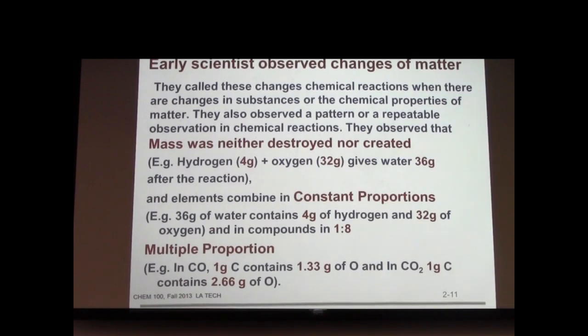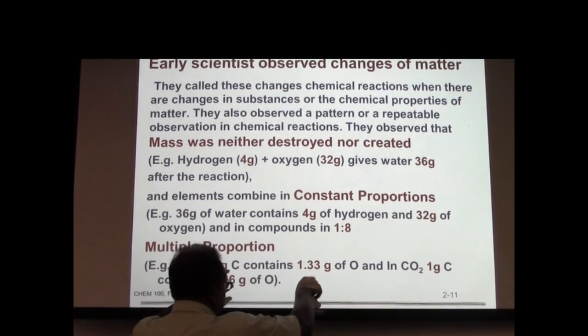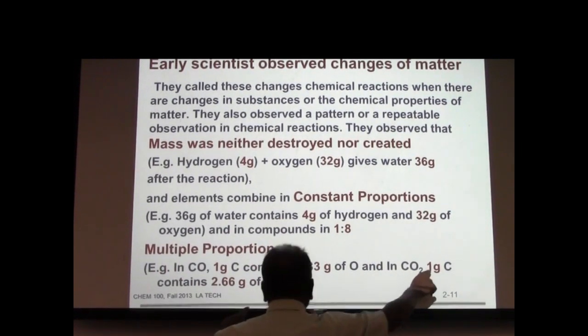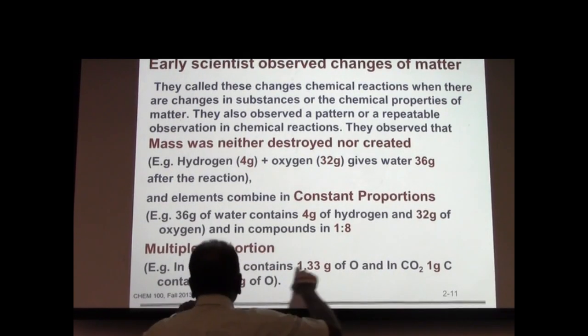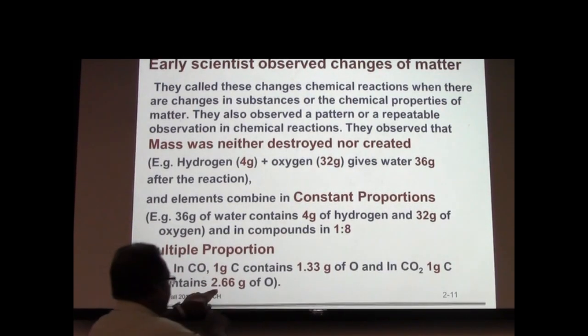Like carbon monoxide, only one oxygen, and carbon dioxide. For example, 1 gram of carbon in carbon monoxide combines with 1.33 grams of oxygen. But in carbon dioxide, it is 2.66.